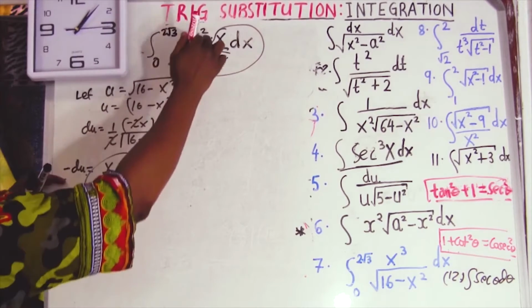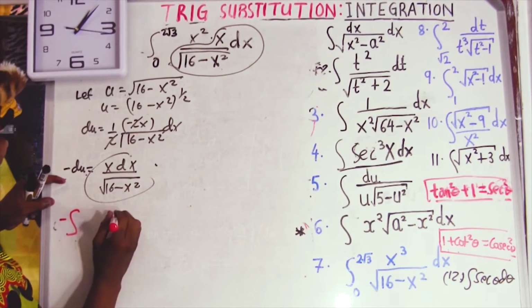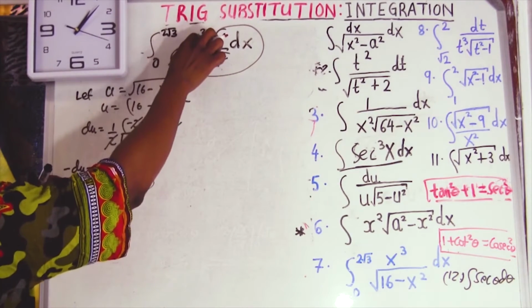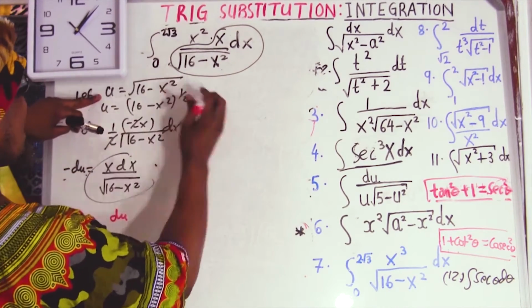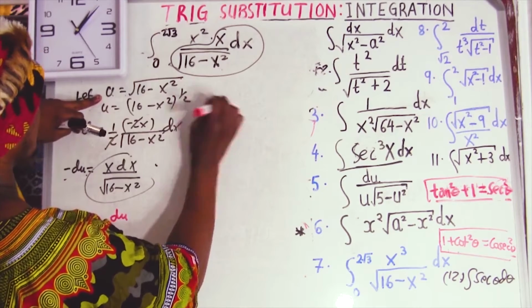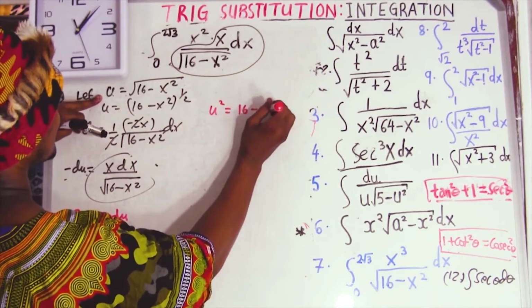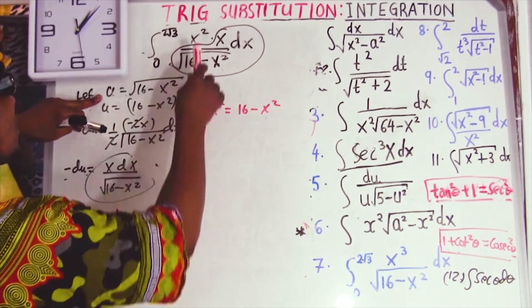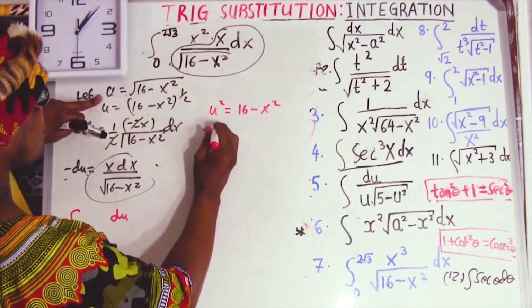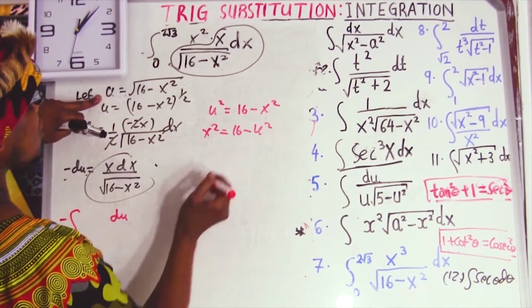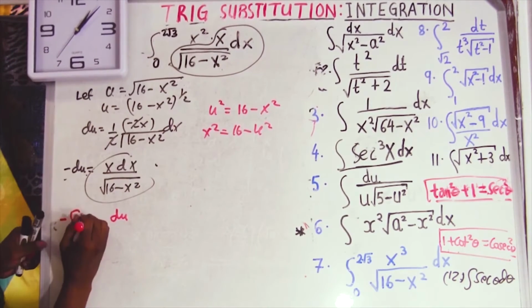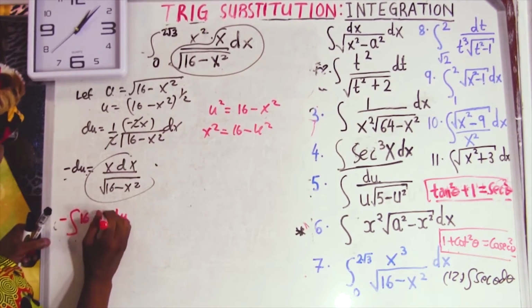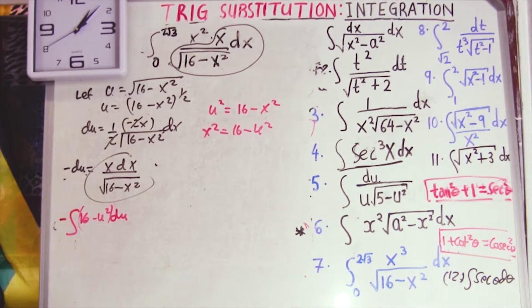So x dx is negative du, so the negative comes out and then du. And this x squared, I'll show you how it comes about. When you square this side, it's u squared, and squaring this side gives 16 minus x squared. So x squared is equal to 16 minus u squared. Can't you see? The question is finished.